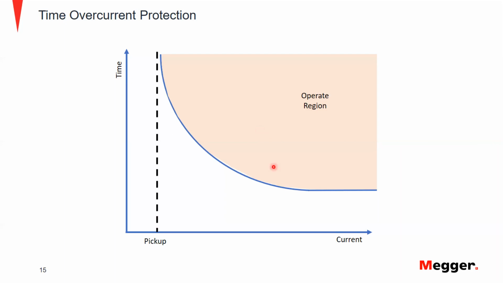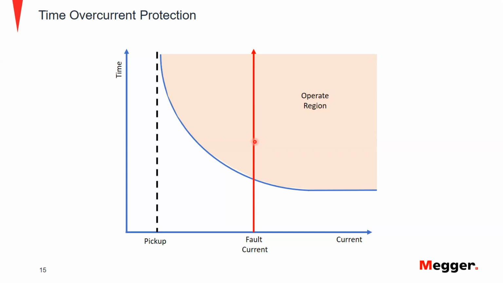Anything above our TCC, our selected curve, outside of that curve time, we're actually going to get into operate. So say a fault happened at this point. This will be the non-operate region, and this will be the operate region. After our time has expired from the time current curve, we would be in the operate region, which we should see an operation.